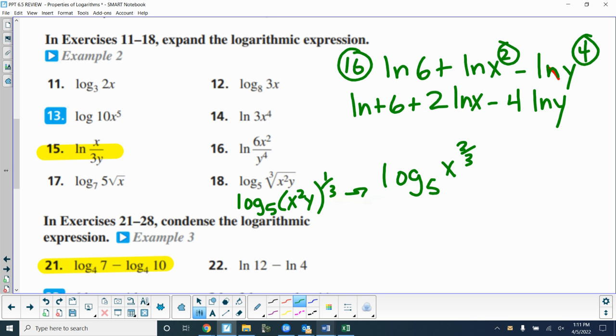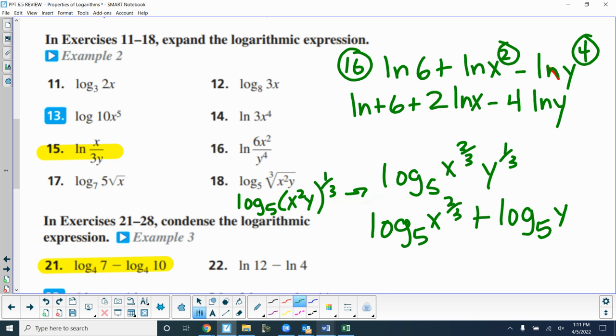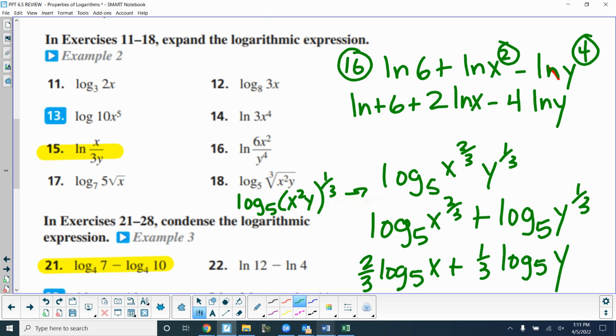What's 1 times 1/3? 1/3, right? So I can split this up into log base 5 of x to the 2/3 plus log base 5 of y to the 1/3, because that's multiplication. And then what do I do with those exponents? Put them out front, right? So 2/3 times log base 5 of x plus 1/3 times the log base 5 of y. We have just expanded that.